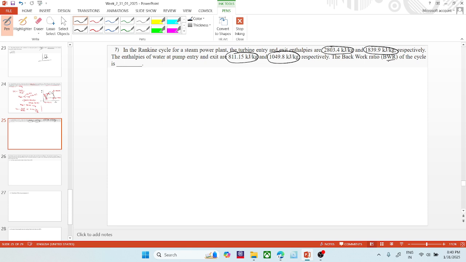What we have to determine is the back work ratio. We have defined the back work ratio as the pump work divided by the turbine work. Pump work is H4 minus H3 and the turbine work is H1 minus H2.